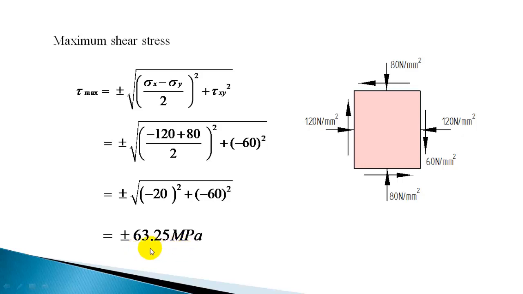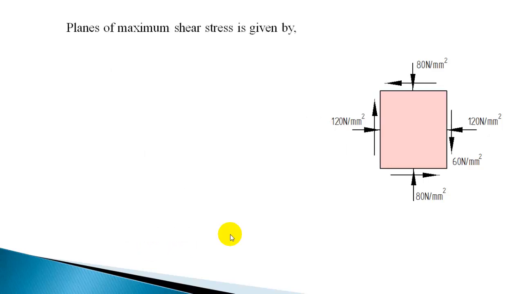These maximum shear stresses occur on planes of maximum shear stress, so we need to find out those planes. For finding that, you can use the expression tan 2 theta s is equal to minus sigma x minus sigma y divided by 2 tau xy.